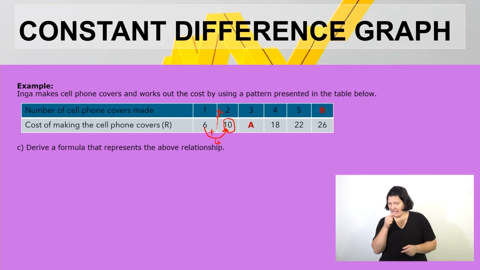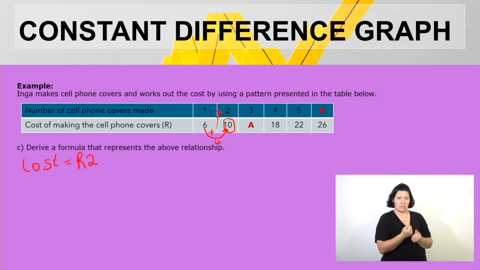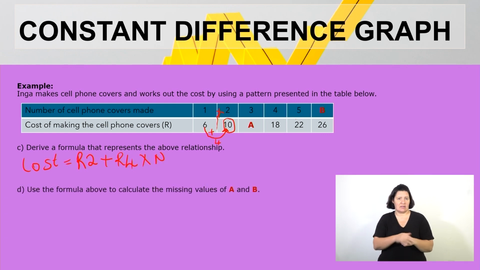So we can tell from this that in this relationship, there is a fixed amount of 2 Rand, even if you check moving forward. So our formula will be cost is equal to 2 Rand plus, remember our difference is 4 Rand, and this will be multiplied by N, which is the number of cell phone covers.